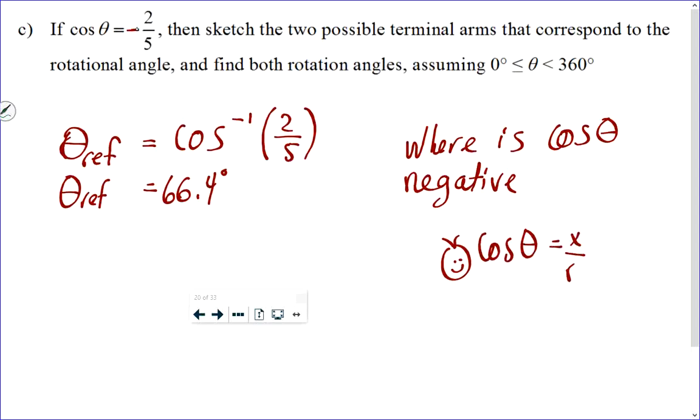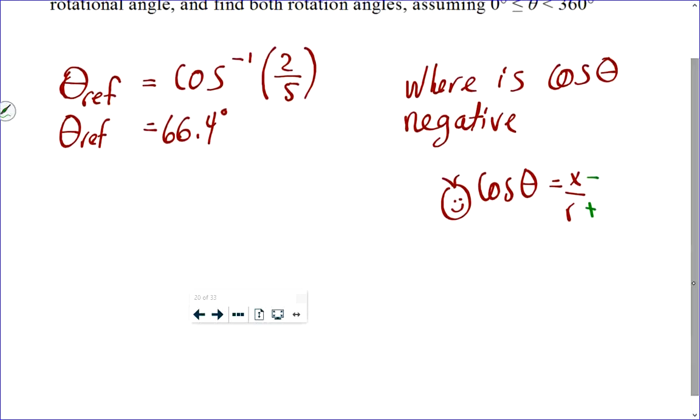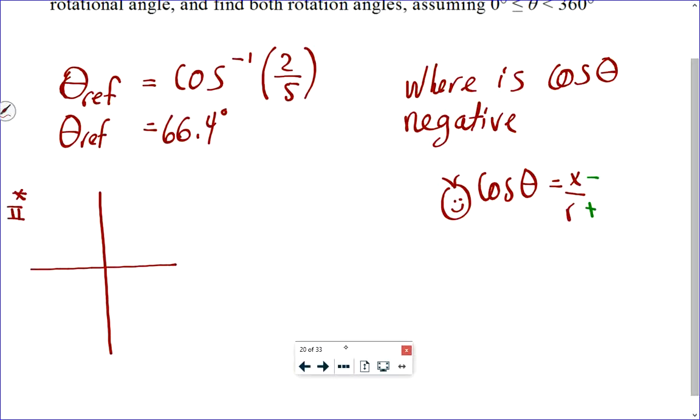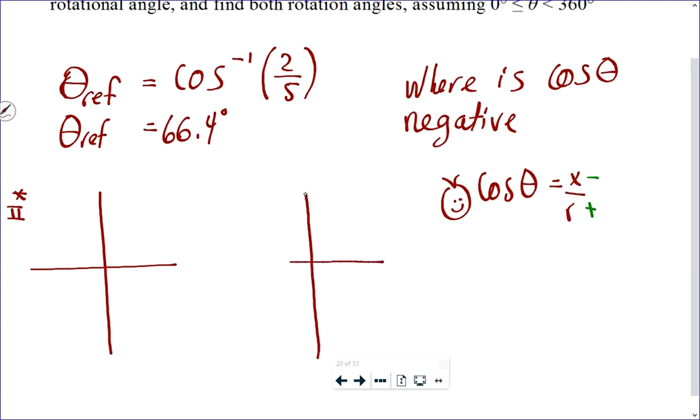R is always positive. So the only way we can get a negative cosine is if x is negative. Where is x negative? Well, x is negative over here, which is quadrant 2, and x is also negative over here, which is quadrant 3.